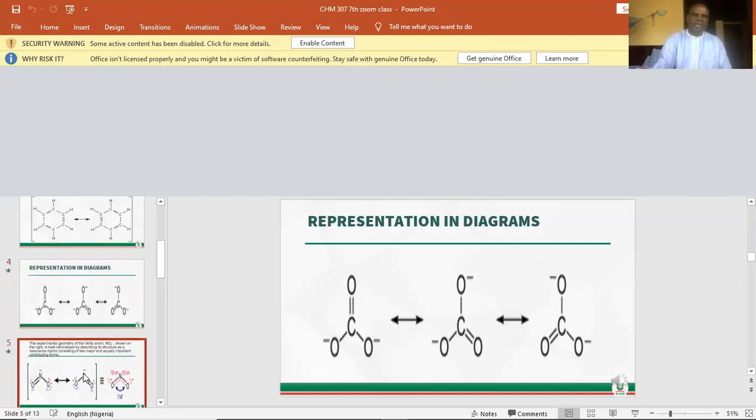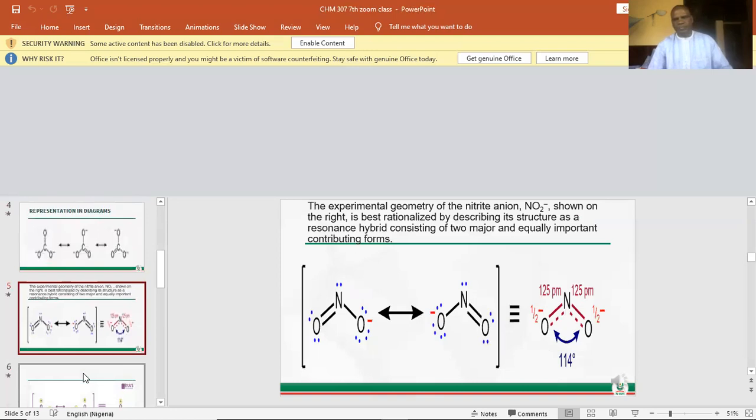If we look at the next structure, the experimental geometry of the nitrite ion, NO2 minus, shown on the right, it is best rationalized by describing its structure as a resonance hybrid consisting of two major and equally important contributing structures.